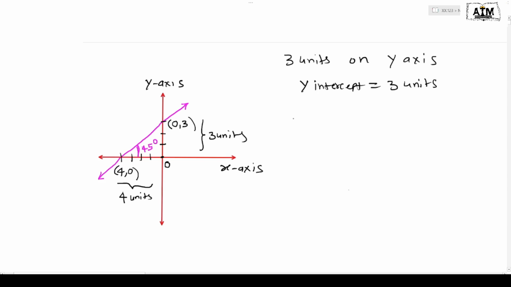Similarly, on the x-axis, it is cutting a distance of 4 units. We measure the distance from the origin. So on the x-axis, the x-intercept equals 4 units.